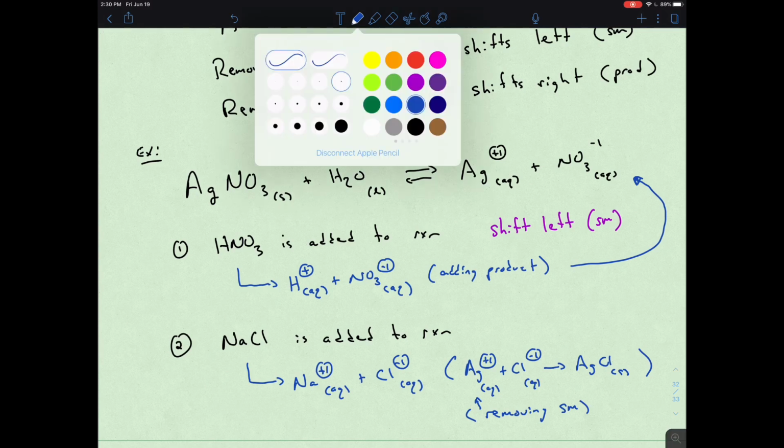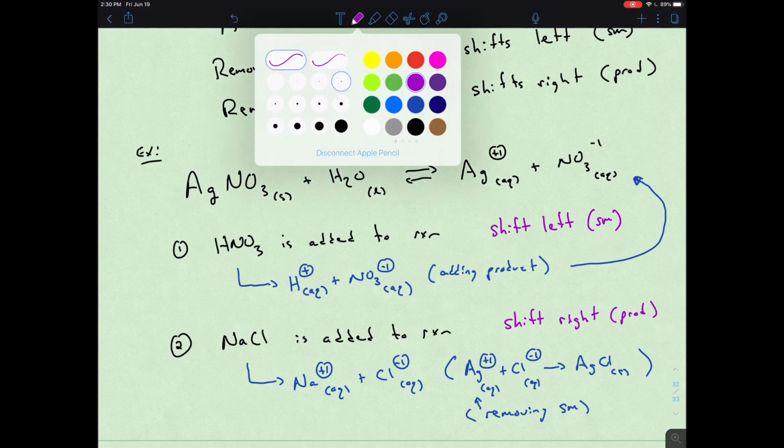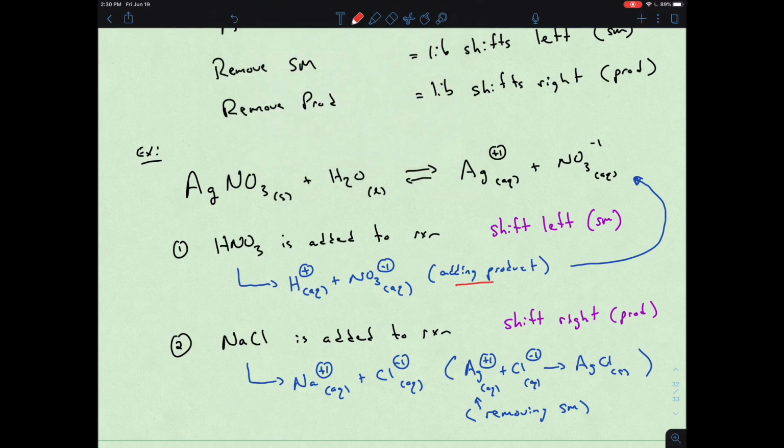And so that's why this is going to cause the reaction to shift to the right or towards product. So we have that idea of, apologize, we're removing starting material down there.